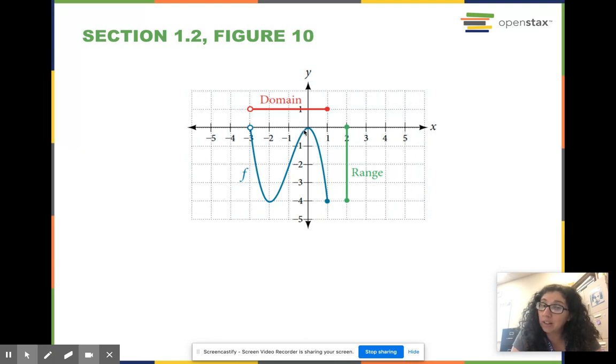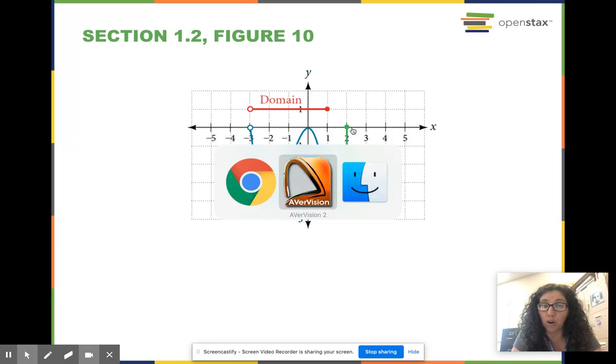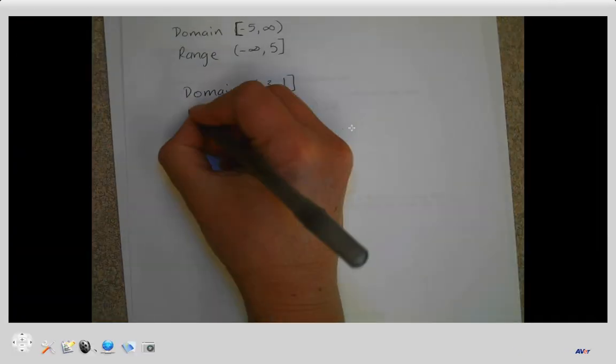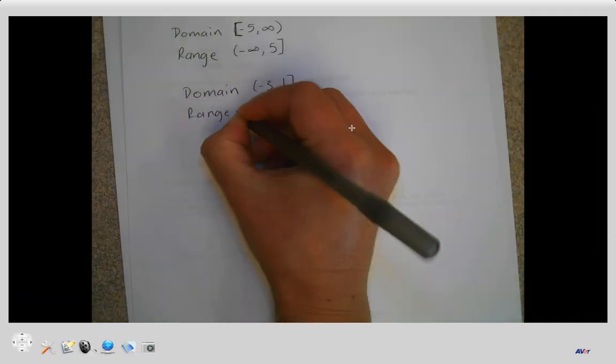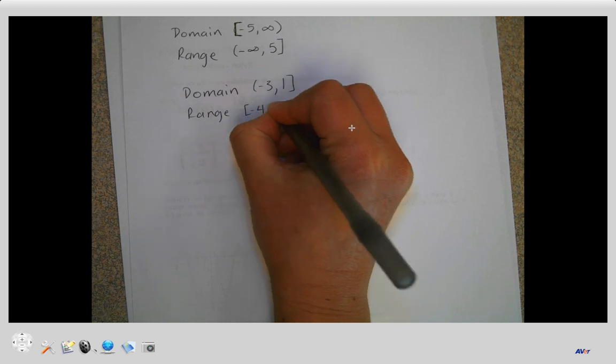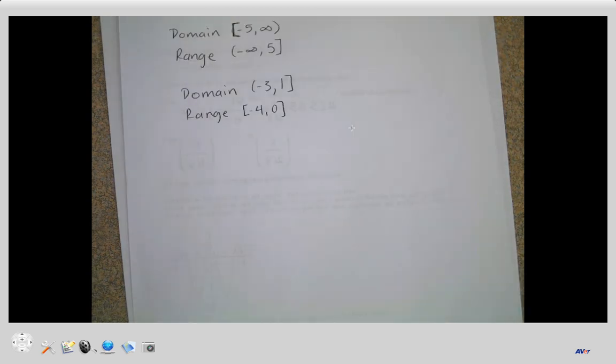Is 0 included? Well, let's look. Here, this one is open, so that one's not included, but here's another one that is included. So even though that's an open circle, this is a little bit tricky, there is a 0 value in the range. So the range is going to go from -4 to 0, with closed brackets like that.